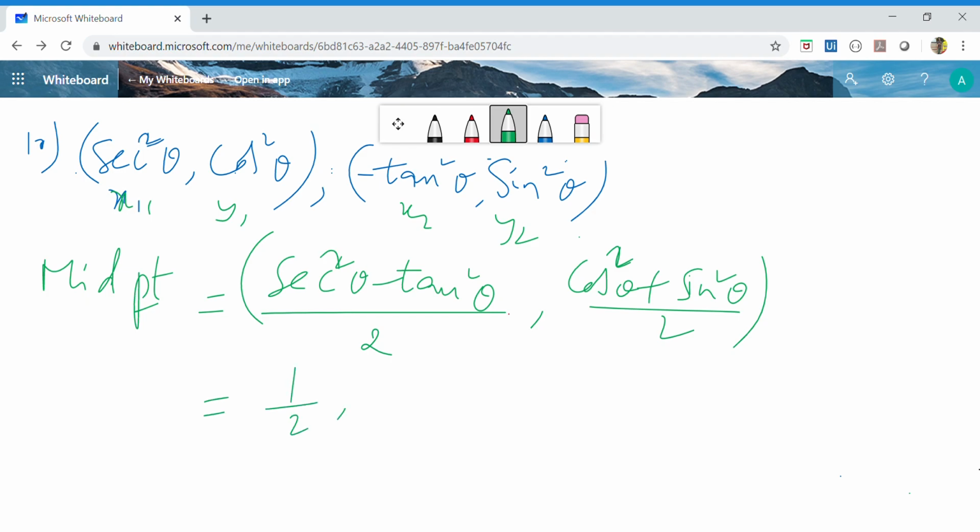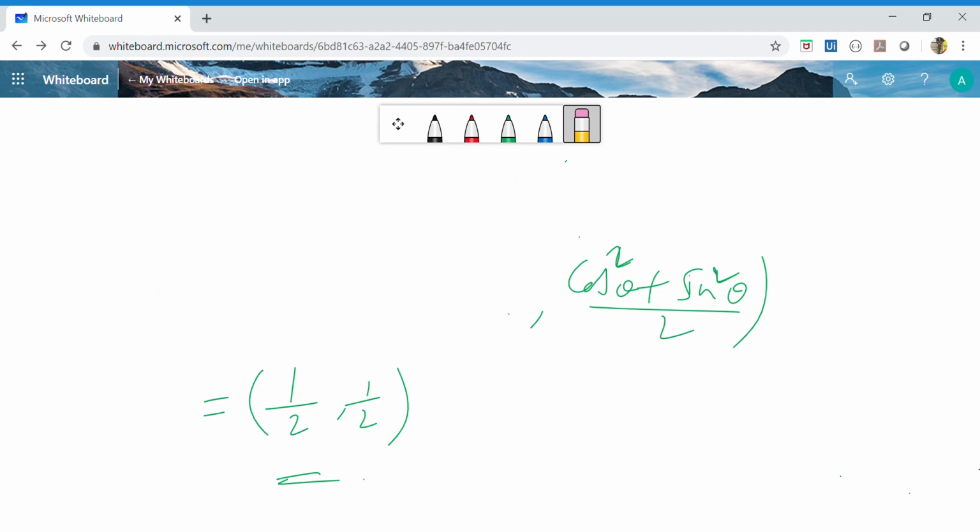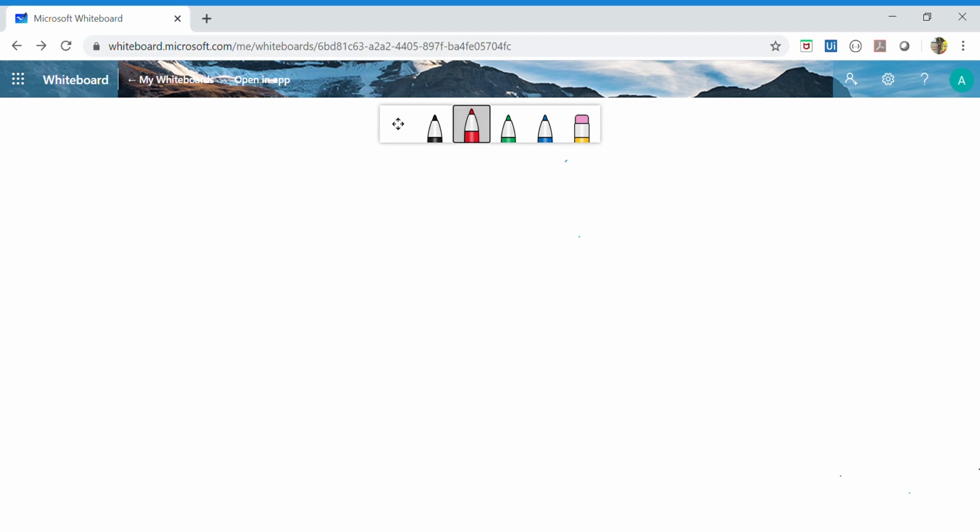Then cos square theta plus sin square theta is 1, that is also an identity. So 1 by 2 comma 1 by 2. Based on identities you have to do the sum. That's why I said that you have to be thorough with the formulas, and know when and where to apply them.